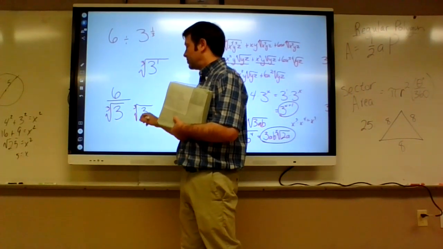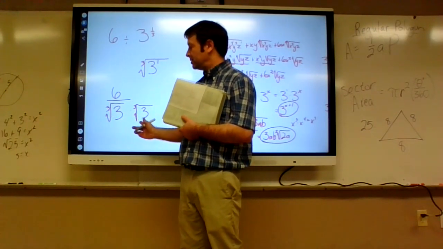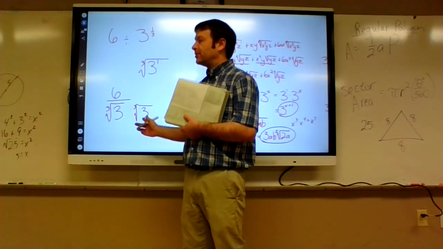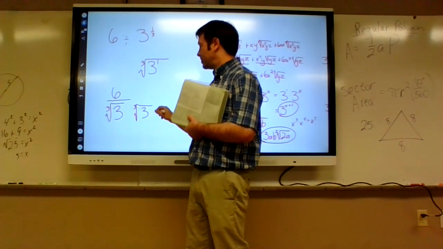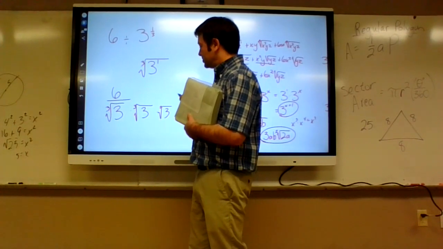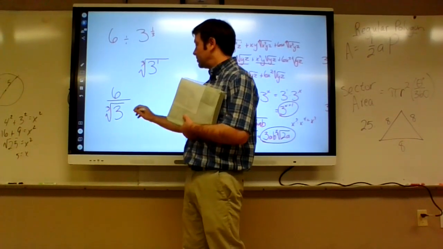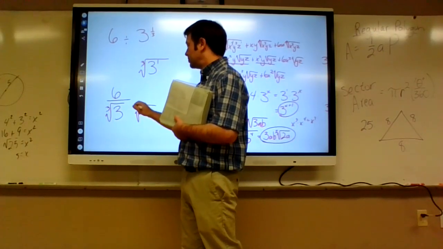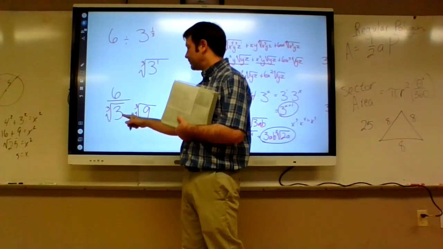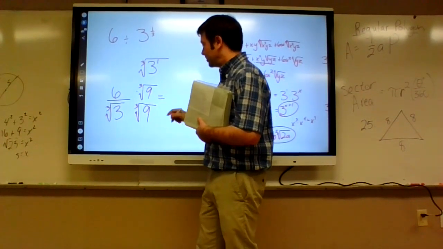No, because it would be cubed root of 9. Does 9 have a cubed root? No. What does have a cubed root? 27. If I multiply by another 3, cubed root of 27 is 3. Instead of times 3, you could just say times cubed root of 9, to make it a little bit simpler.